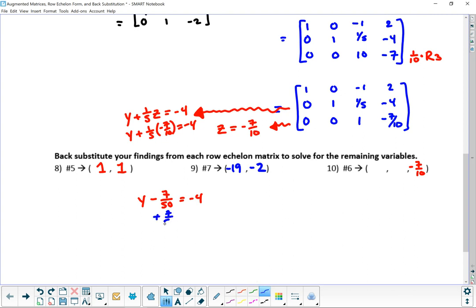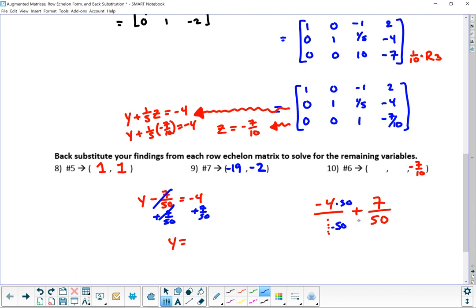Then I'm going to finish this up by adding 7/50. So y is going to equal negative 4 over 1, invisible, and we're going to add it to 7 over 50. We need a common denominator of 50.